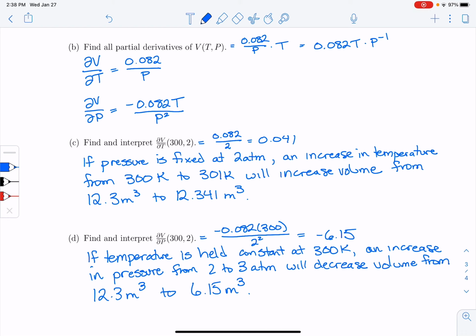Usually pressure is going to be measured in something like pascals or kilopascals, but I decided to go with atmospheres just because it was going to be a little bit easier for us to do the computations. So now you can see what the effect is of increasing temperature for an ideal gas and increasing pressure and how that affects the volume.